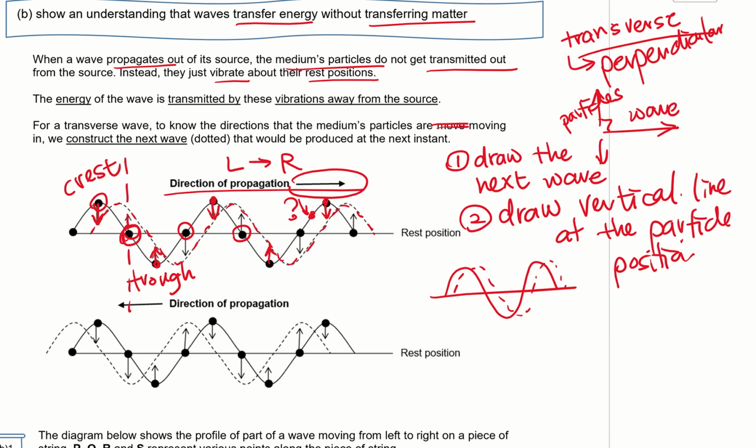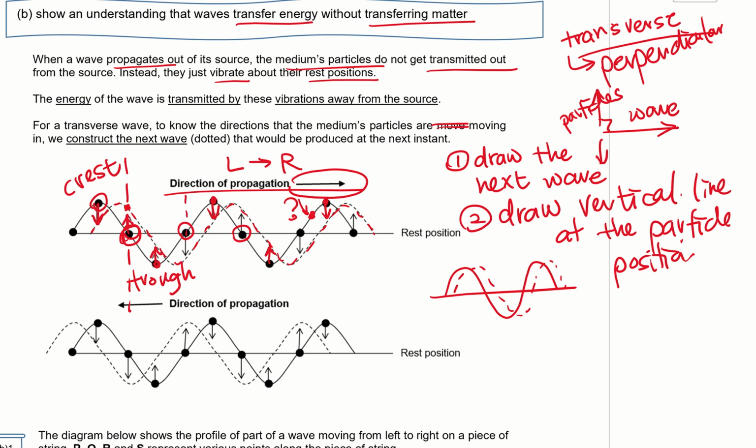After you draw the vertical line, you'll find that the intersection with the next wave, the one that's dotted, will tell you its subsequent position. So in this case, this particle will be going up.